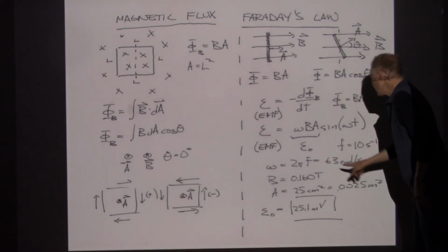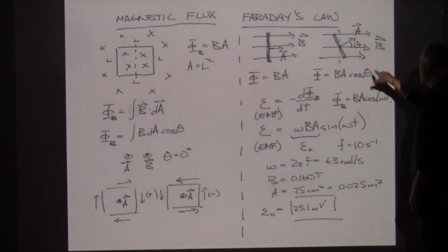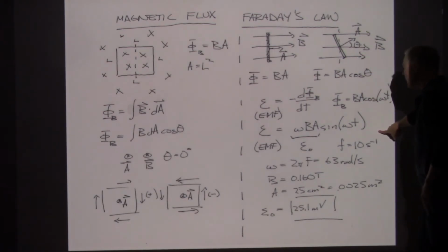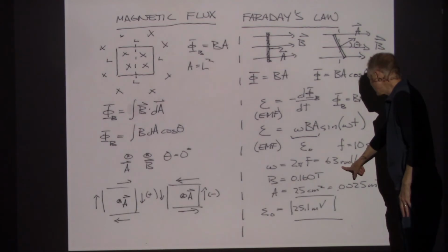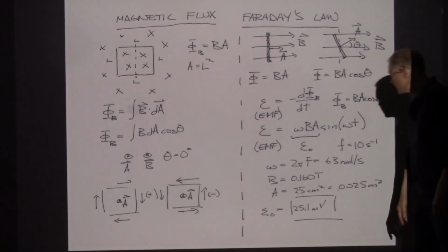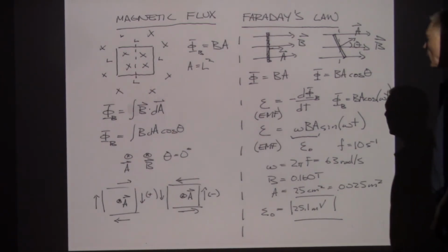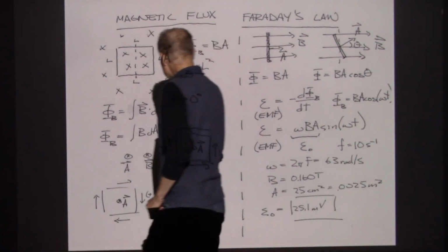So instead, I said that let's just say that this thing is going to be spinning 10 times a second. And so that would give us 63 radians per second. And putting all the numbers in, that's going to give us a peak EMF of 25.1 millivolts. So that's what we've got here.